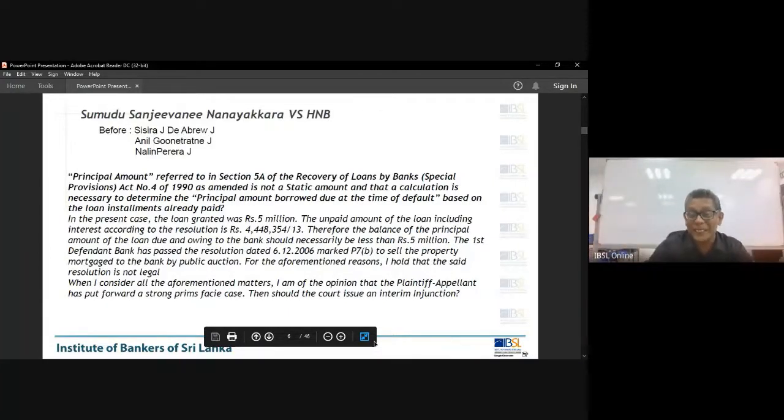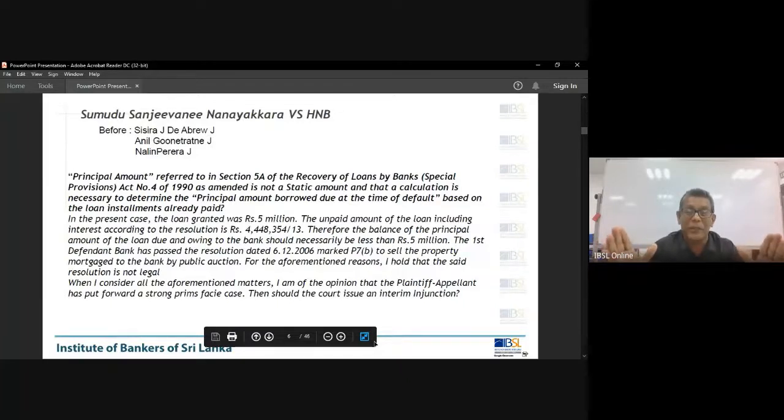Now the guy who took less than 5 million, we cannot execute, even though he has not paid any cents. But the guy who took a loan of 8 million, because he is above 5 million, has paid almost more than that B person, yet we are trying to execute against that fellow, not this fellow. So that is the argument.